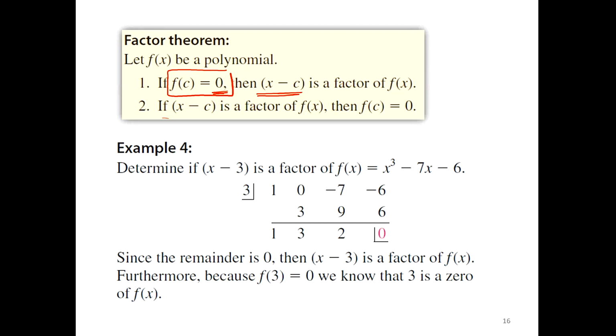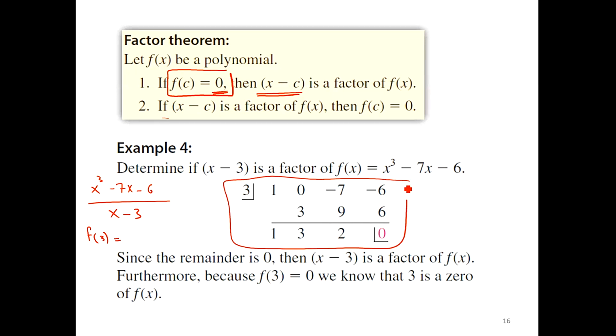Look at this. We have the polynomial x to the power 3 minus 7x minus 6, and we need to determine whether x minus 3 is a factor or not. If f of 3 equals 0, then we do not need to find anything else.